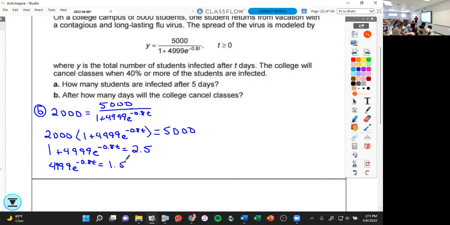Then divide by 4,999. So I have e to the negative 0.8 t equals 1.5 over 4,999. I'm just going to leave that alone and keep it. It's ugly, I know, but the calculator is going to do this work for me anyway.